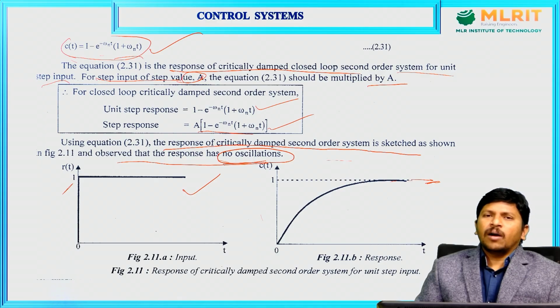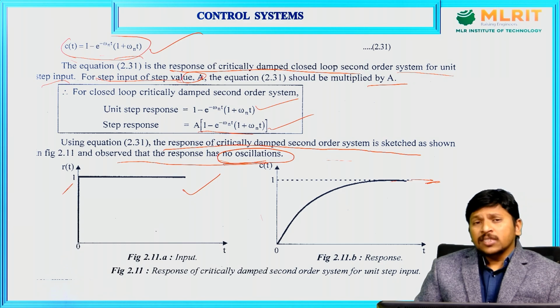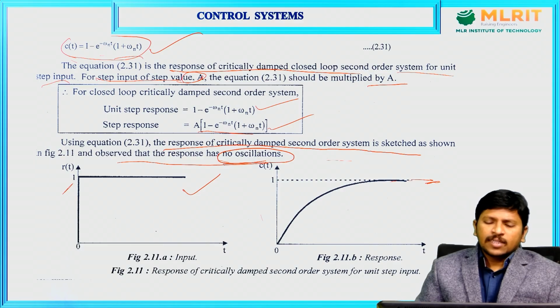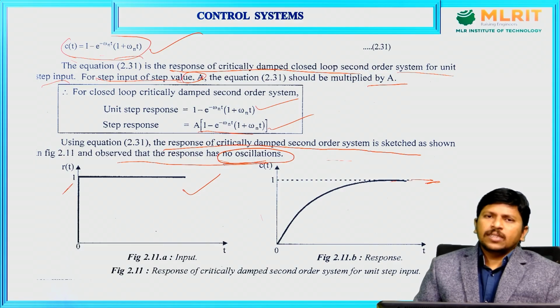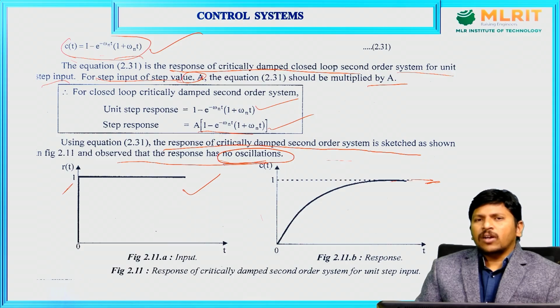These are the systems based on the damping ratio, and also one more thing is there, overdamped system is also available. Same way you are going to use these equations, the standard form of closed loop transfer function, to solve the overdamped system also.